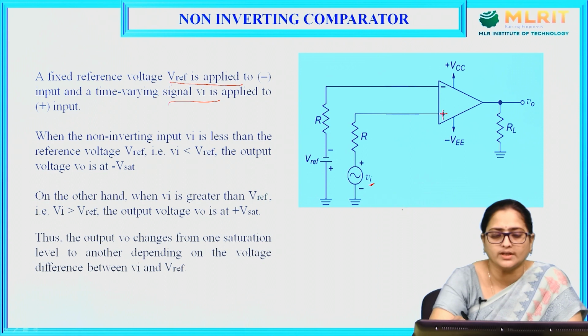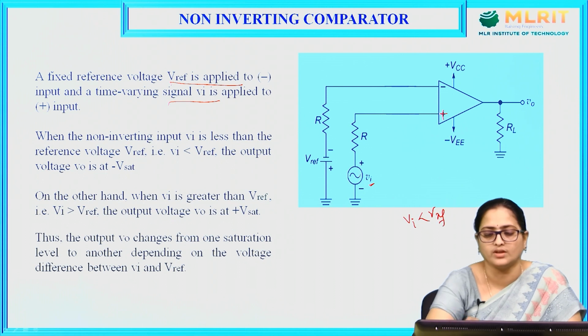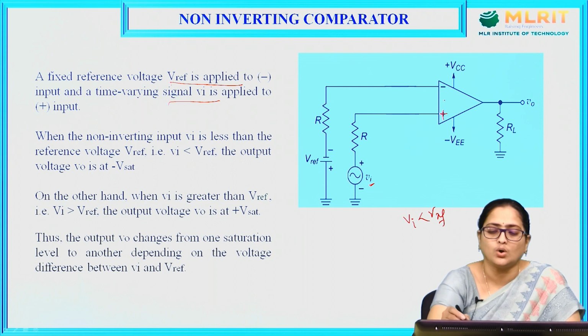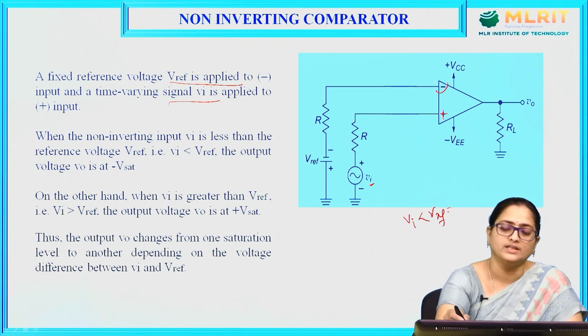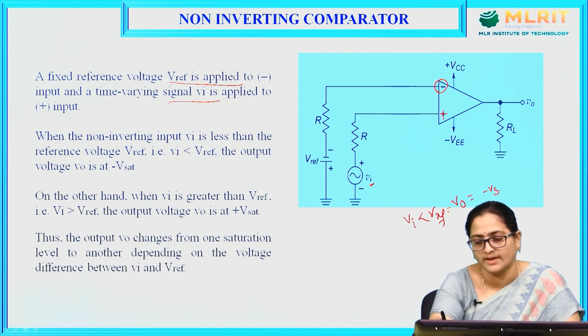When Vi is less than V reference, the voltage across the positive terminal is less compared with the negative terminal, or we can say the voltage across the negative terminal is more. So the output voltage switches to minus Vsat.